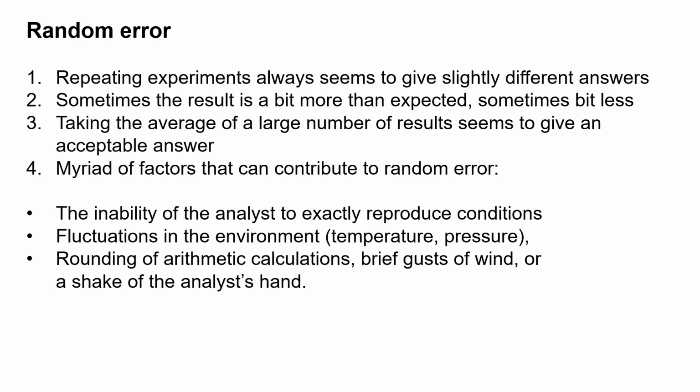Maybe some brief gust of wind disturbs your weighing balance, or blows away your weighing powder, or maybe the shaking of the analyst's hand. So here we can see that there are different types of errors, and every error has some cause or some reason.